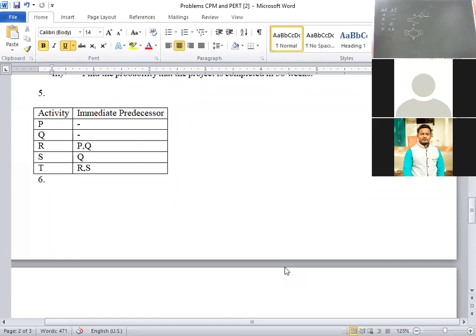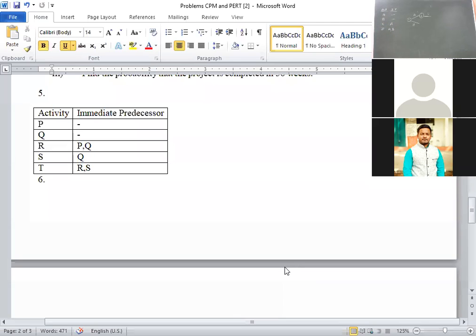But the dummy activity rule, what it says, two activities cannot start and end at the same node. The start node is 1 as well as the end node is 2. For that case, we will use dummy activity.